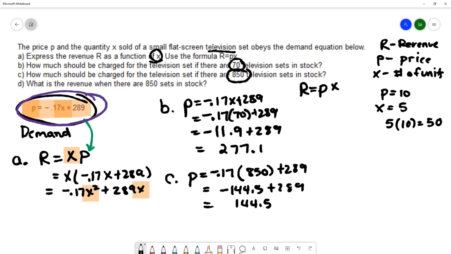And then in part D it says, what is the revenue when there are 850 sets in stock? Because this time it's asking for revenue, I'm going to use the function that I constructed in part A here. This stands for revenue.